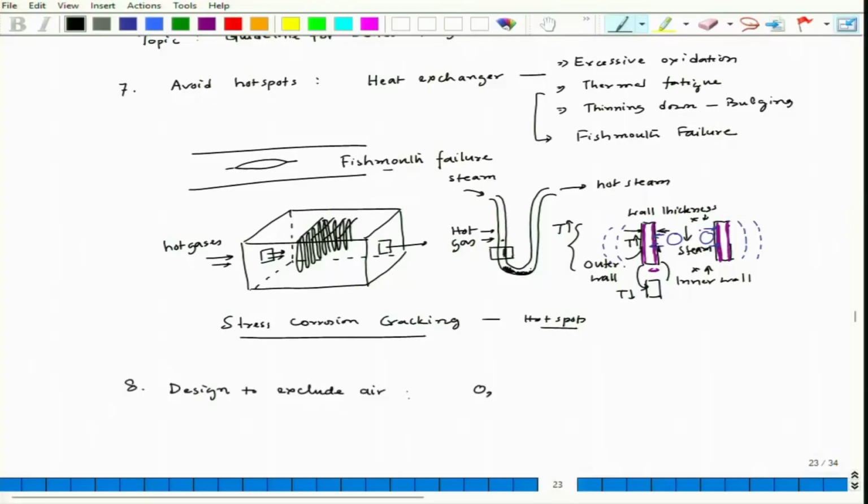So, oxygen you are taking out, and oxygen is a serious oxidant, and in the presence of moisture it can participate in the cathodic reaction, and this is a strong cathodic reaction.